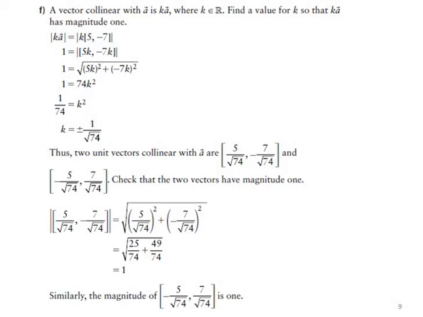So we have 2 vectors. The first one is going to be x equals 5 over square root of 74, and y is going to be negative 7 over square root of 74. Or you can say negative 5 over square root of 74 and 7 over square root of 74. If you check the magnitude, the square root of x squared plus y squared has to give you 1.